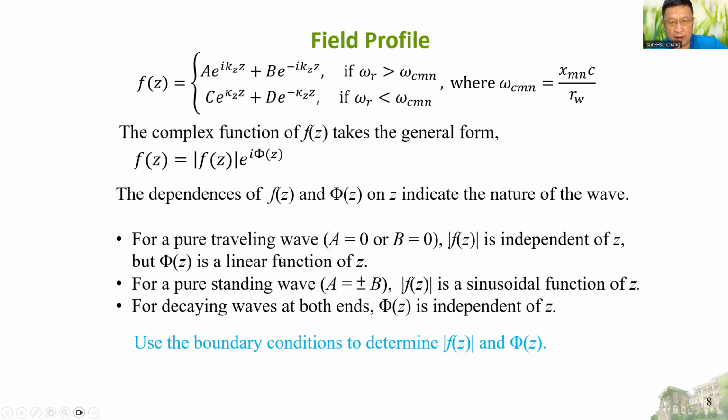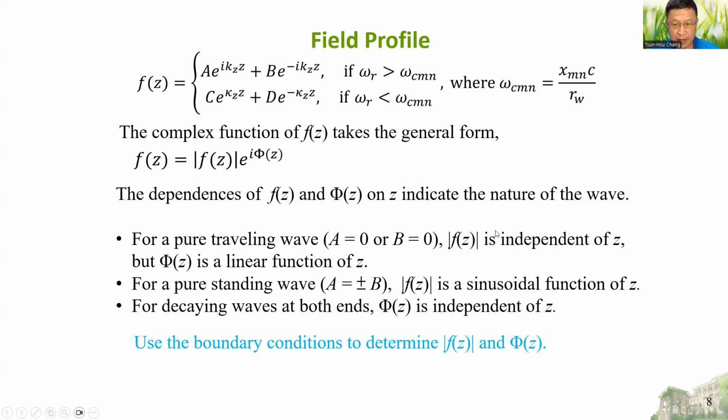So for a traveling wave, A, B, forward wave, backward wave. For a pure standing wave, A equals plus or minus B, and f of z is a sinusoidal function. Sine or cosine is a standing wave.